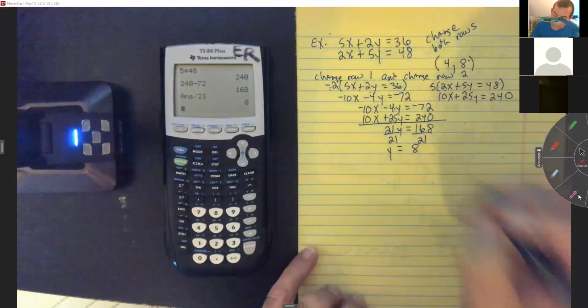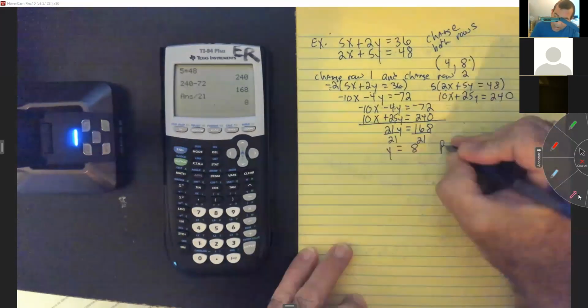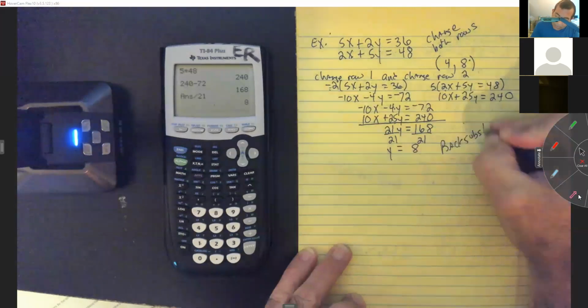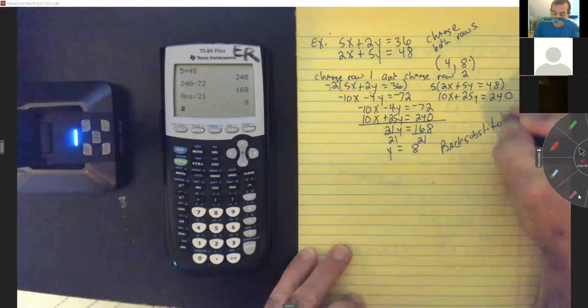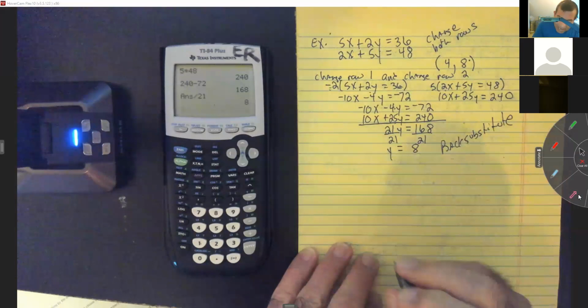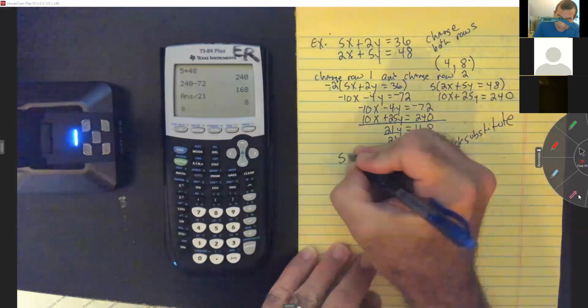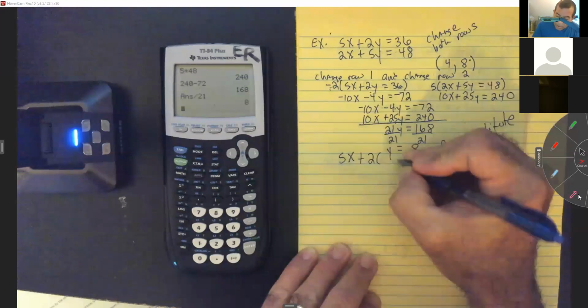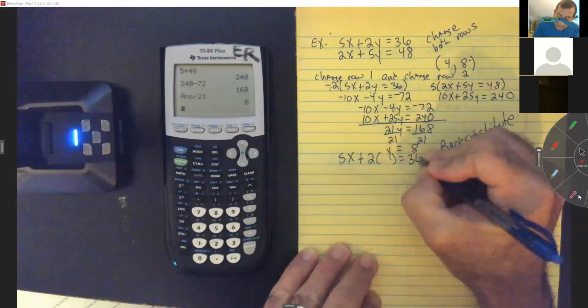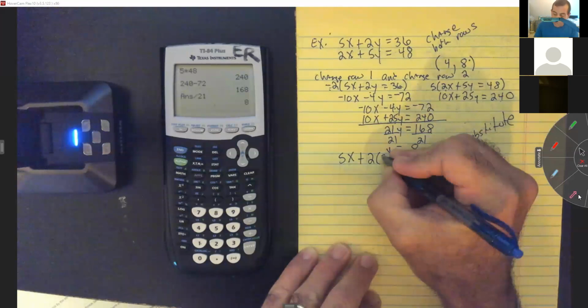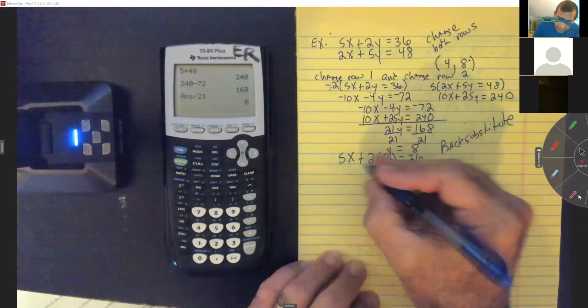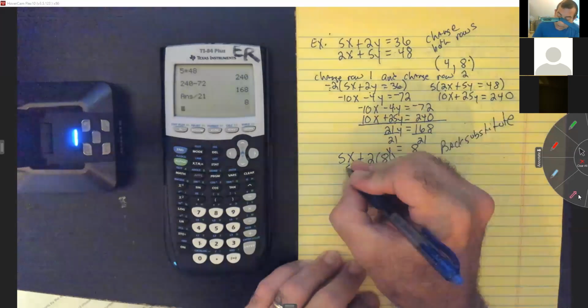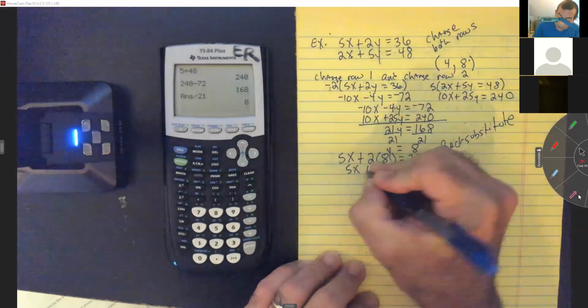So now that I know y is 8, I'm going to back substitute. So I'm just going to use that first equation. 5 times x plus 2 times y is going to equal 36. And I know that that y is an 8. So I'm going to multiply that. I get 5x plus 16 equals 36.